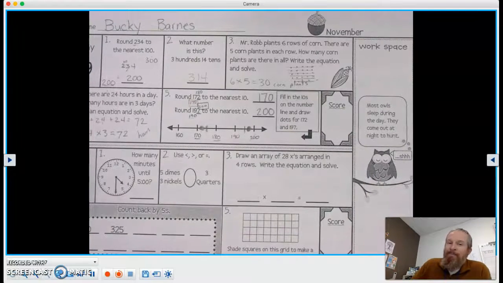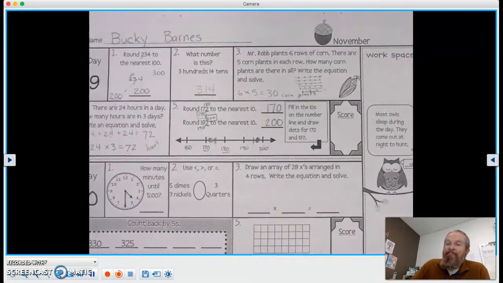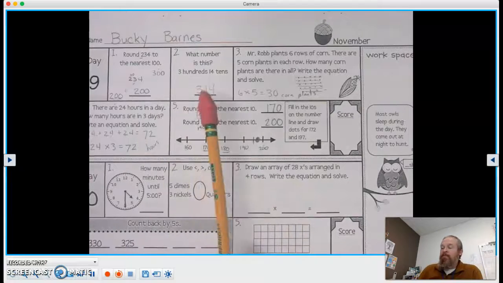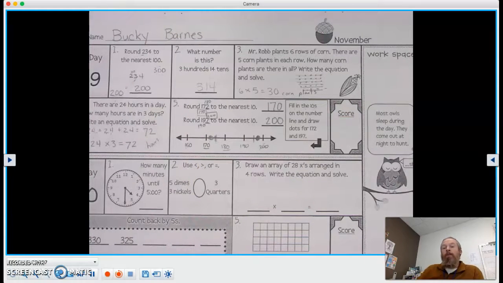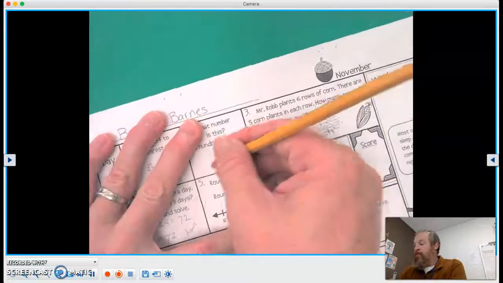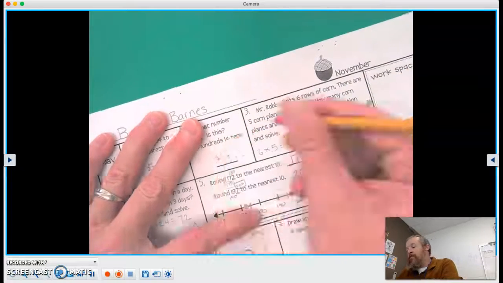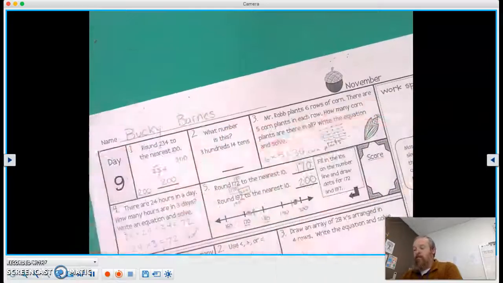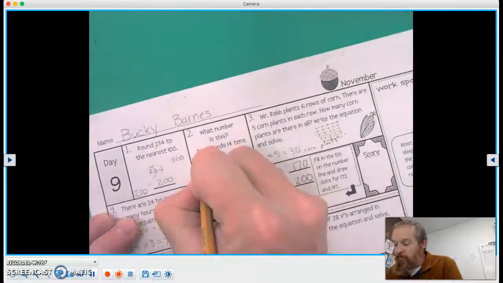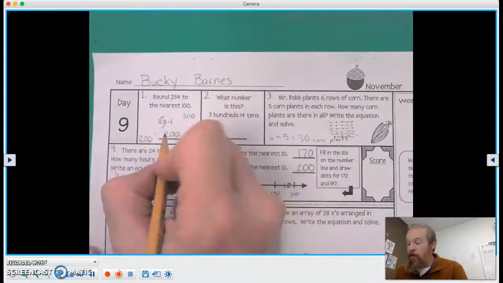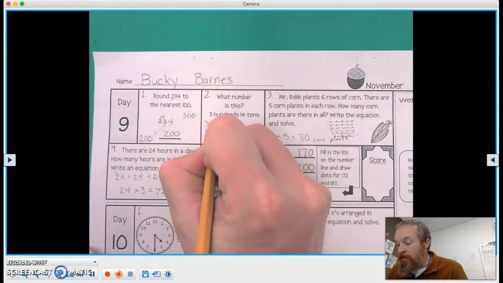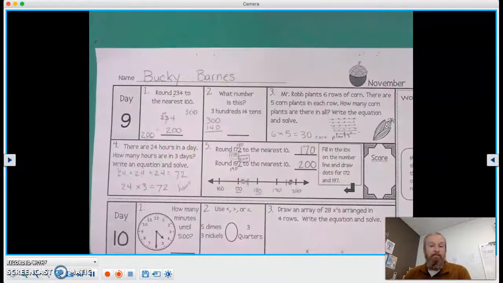Who caught it? Who caught number 2? Is this one right? 314. What number is this? 300s, 14 tens. That is correct. So let's go like this. Here's 300s. And here's 14 tens.